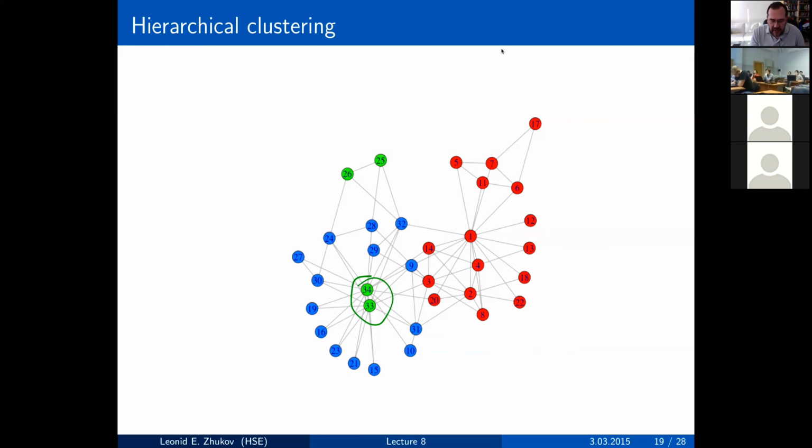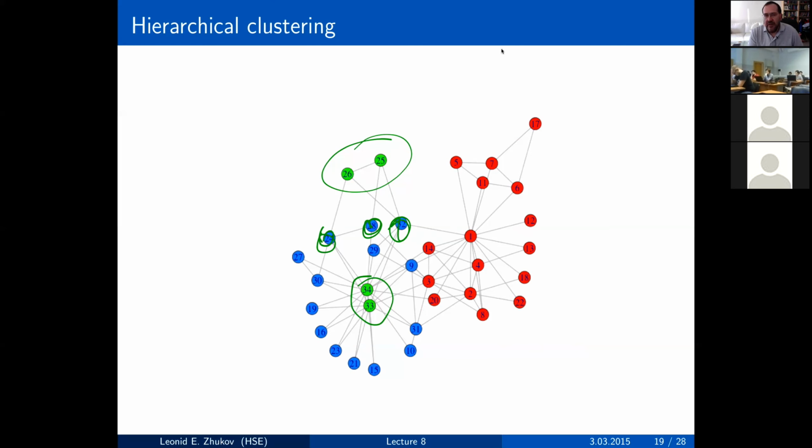Because 34 and 33 have a very similar connectivity pattern, and in fact, if you look at nodes 25 and 26, they're all connected into here, and these 2 guys are also connected into there. So the overlap of connections is pretty high, and that's why when I start looking for smaller clusters, I get those 2.